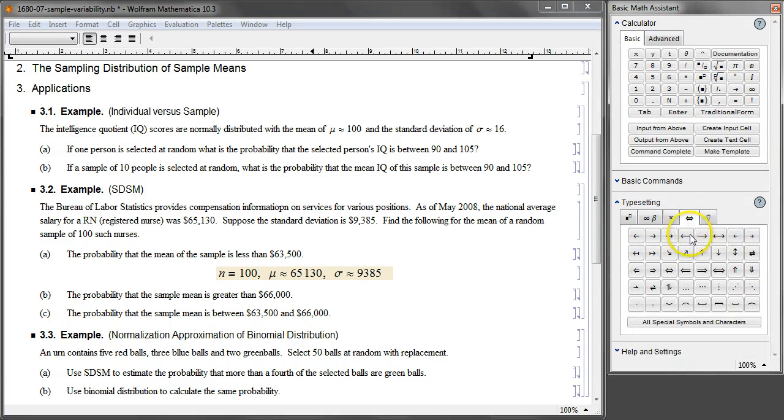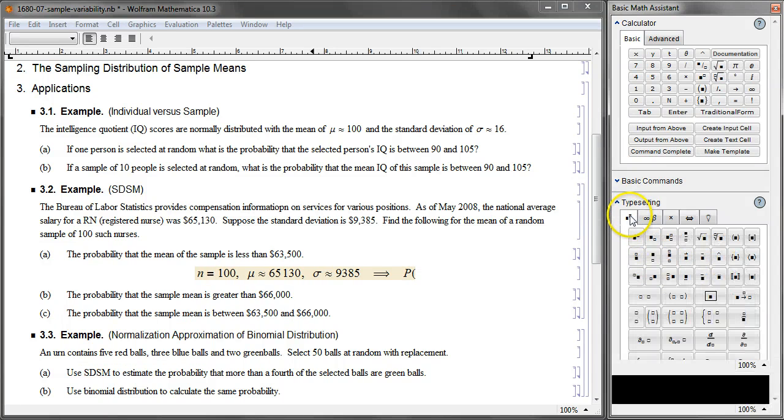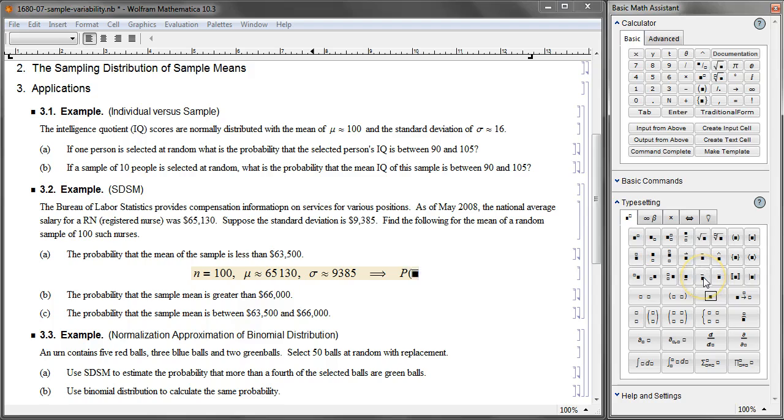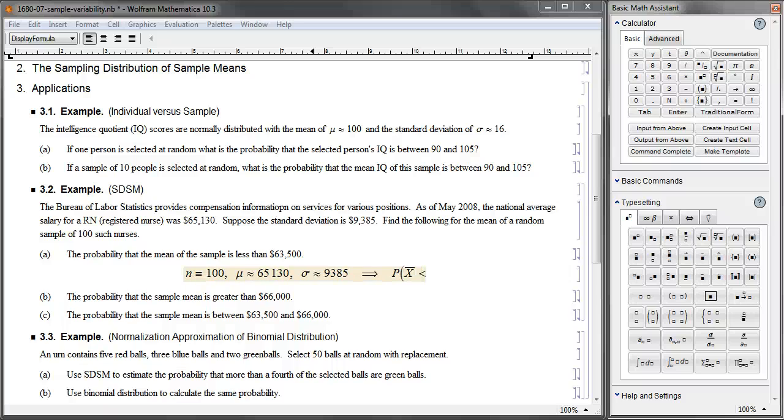Under that condition, we have to find out the probability that the sample mean does not reach 63,500. That's what we have to find out.